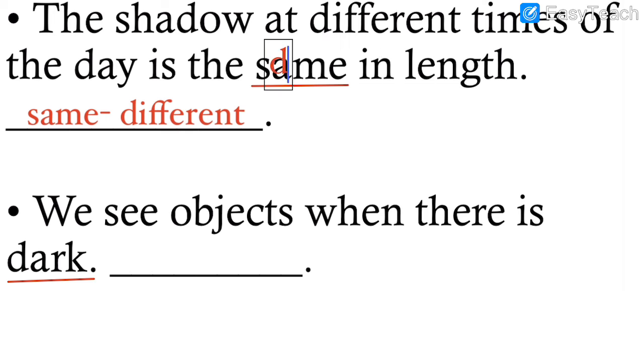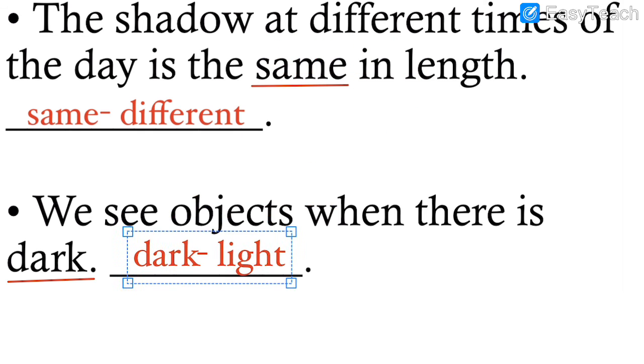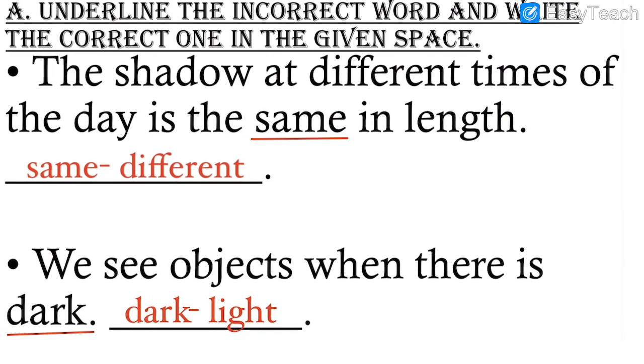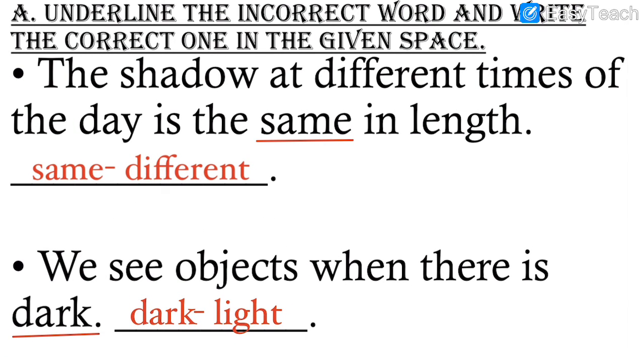First write dark, put a dash and write light. We see the objects when there is light, not when there is darkness. So here we replace this word with different, and here we replace this word with light.